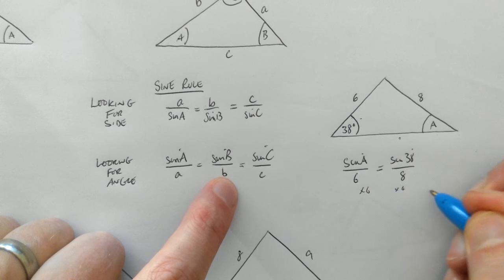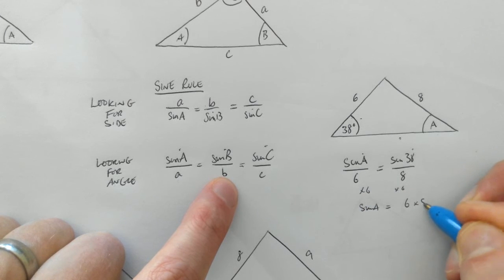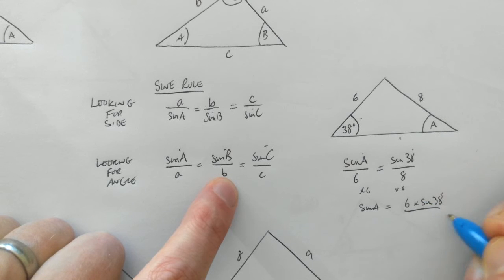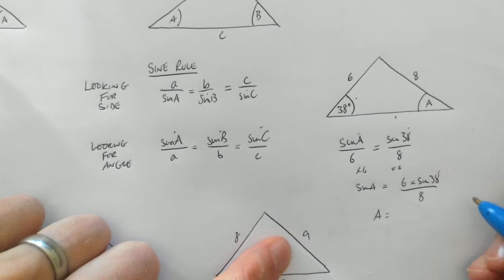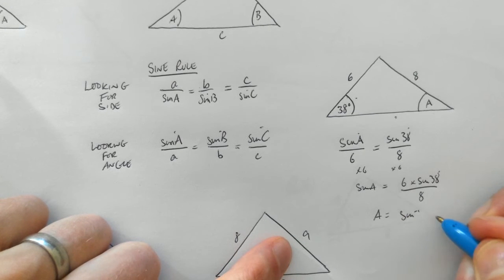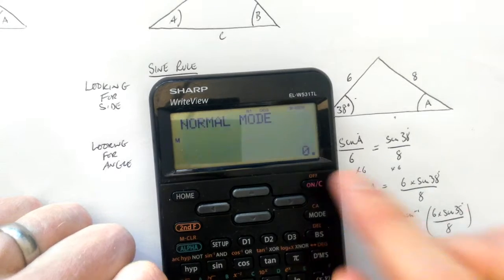Multiply by 6 both sides, I get sine A is equal to 6 times sine 38 all over 8. So A is equal to the inverse sine of 6 times sine 38 all over 8. And you can actually type that in fully into the calculator like that if you want, okay?